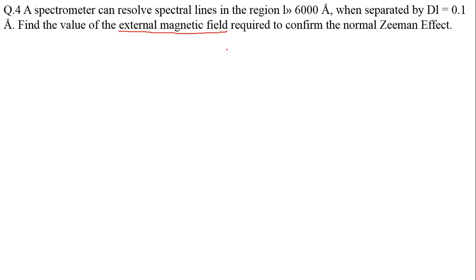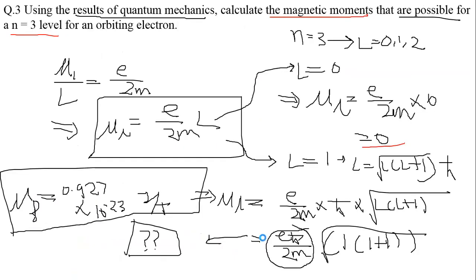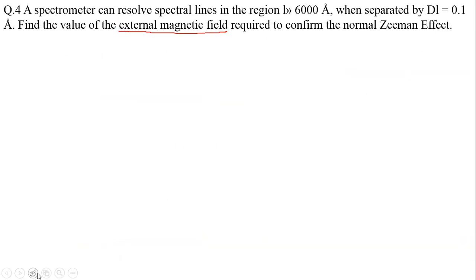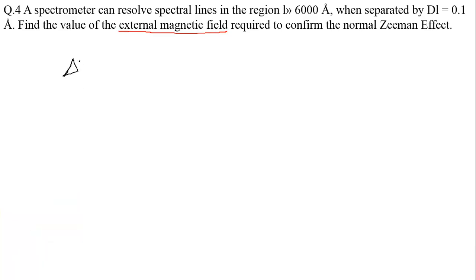Similar to the previous question, you can put all these values. We can solve it in the same way. What was the relation for it? It was delta lambda equals lambda square by c into eB by 4 pi m. So we can write the same relation, delta lambda equals lambda square by c into eB by 4 pi m.